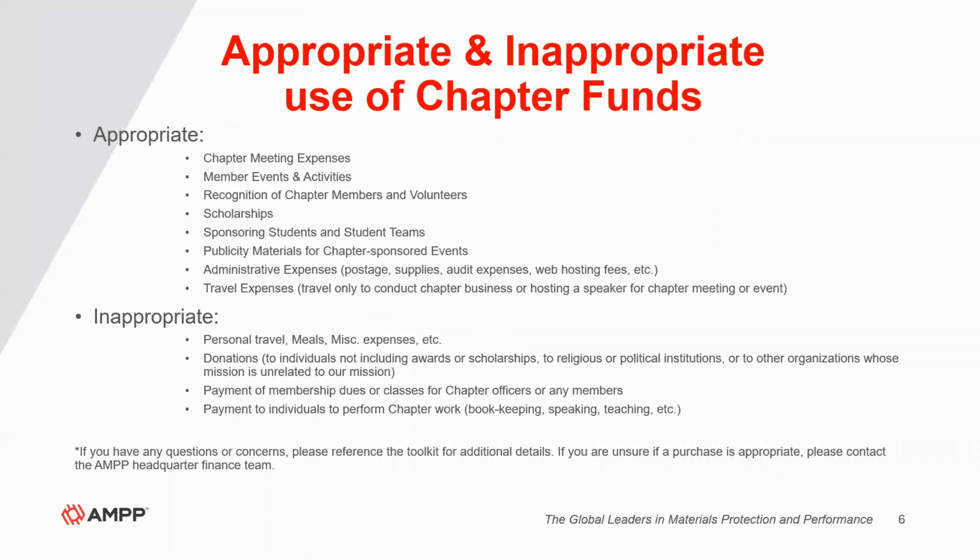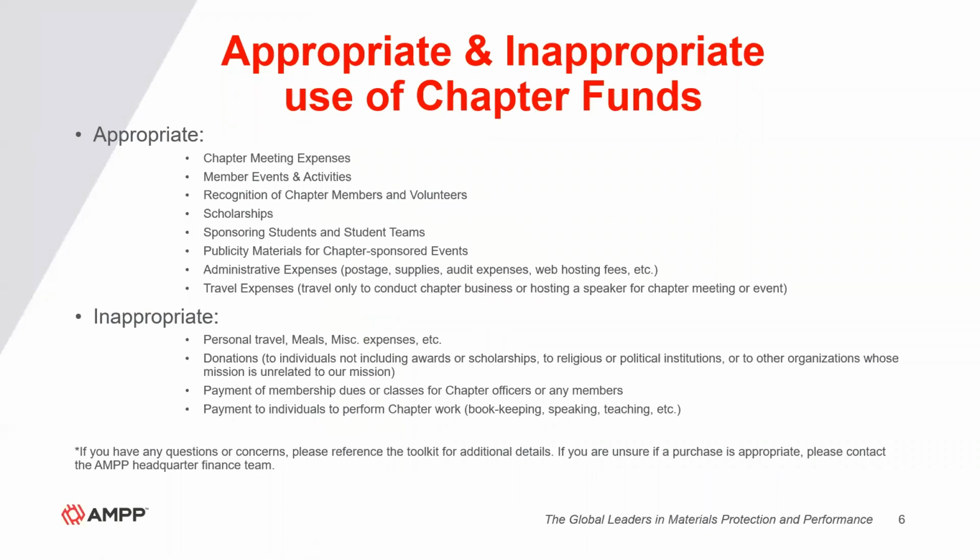We do ask that when you are giving scholarships, you obtain the actual information of the person receiving the scholarship for tax purposes for year end. Sponsoring student and student teams, publicity materials for chapter sponsored events, and the administrative expenses.